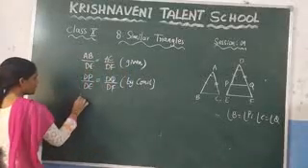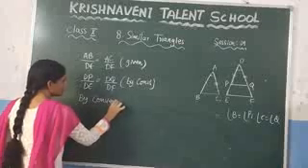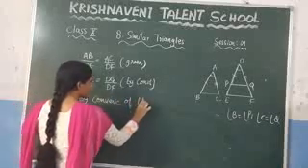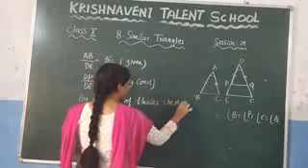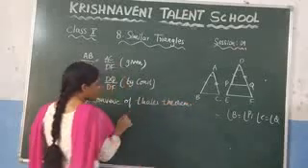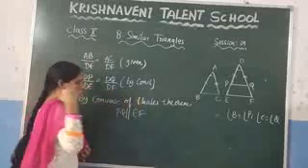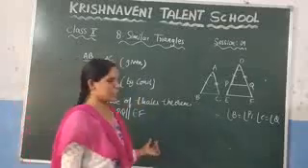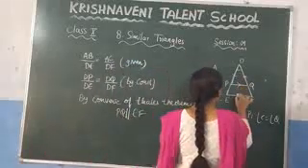So write it here by the converse of Thales theorem. What we got in here, PQ is parallel to EF, right? So by the converse of the Thales theorem, we got the condition that these two lines are parallel.